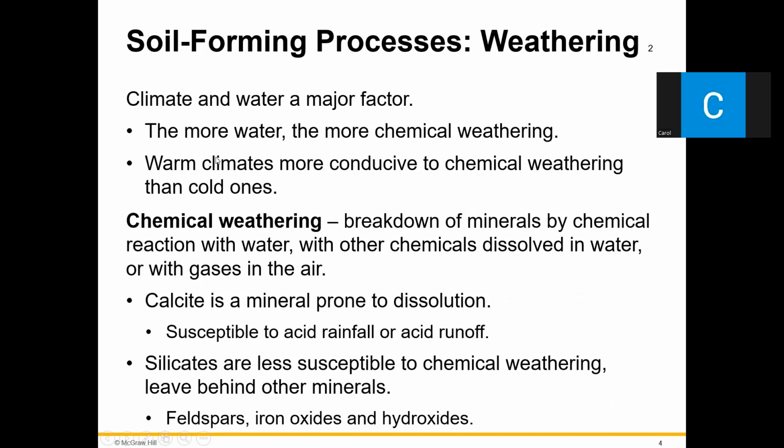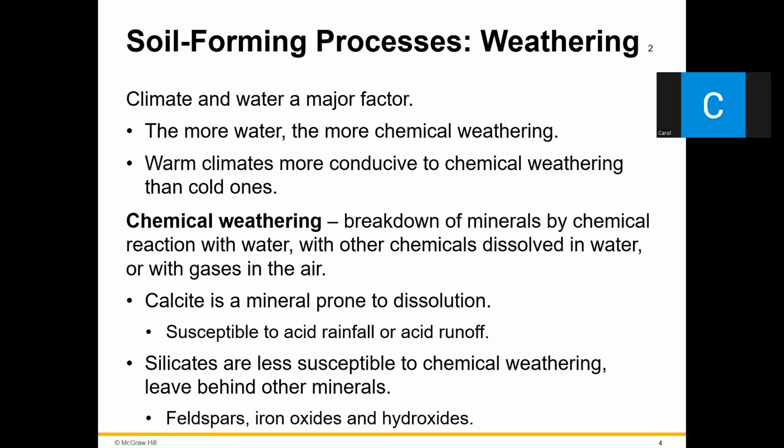We said cold or arid, so obviously climate and the amount of water have a major factor in the rate of weathering as well as the type of weathering that occurs. And you get chemical weathering with water. While water can mechanically break it up, it also can dissolve a lot of rocks, like the salts, like halite, as well as limestone dissolves easily.